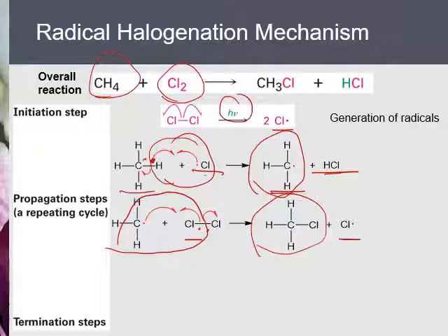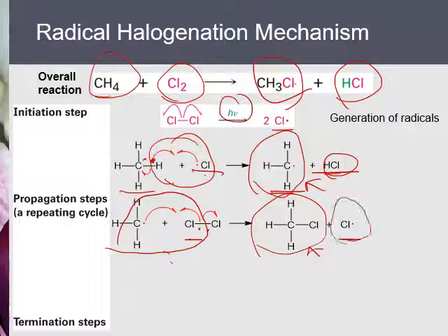So note that in these 2 steps, the first step forms hydrogen chloride, which is one of the products, but also generates a new radical, methyl radical. And then the methyl radical attacks the chlorine molecule and forms another product, methyl chloride, but also at the same time generates a new chlorine radical. And then the chlorine radical repeats the first step.